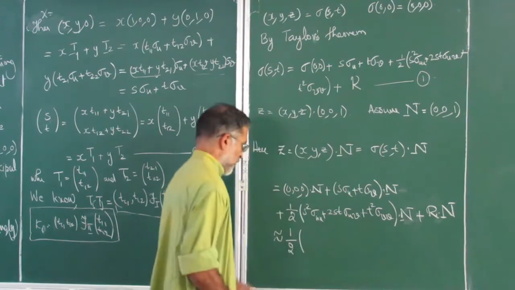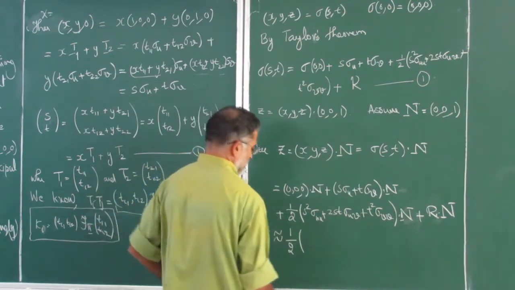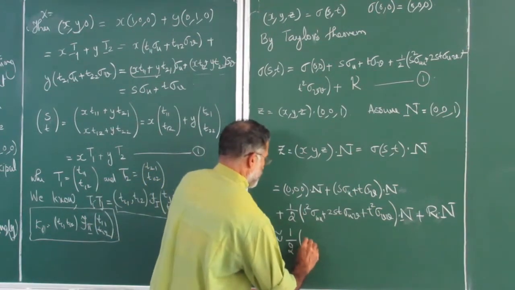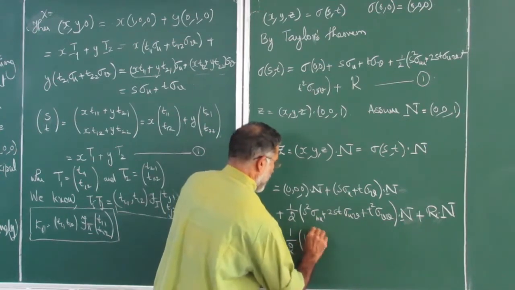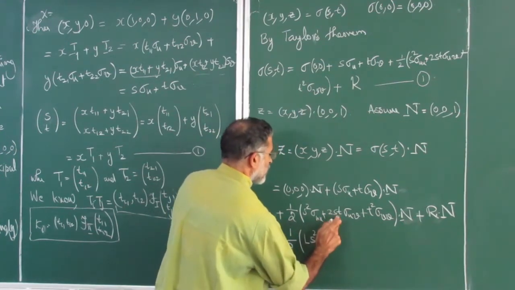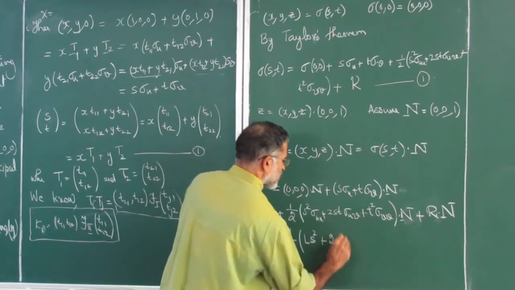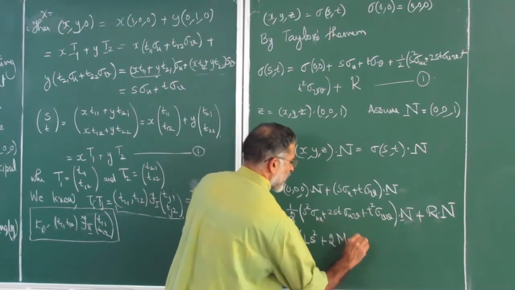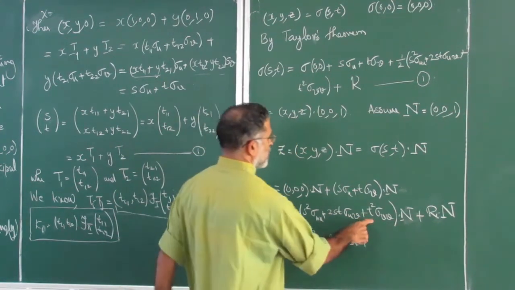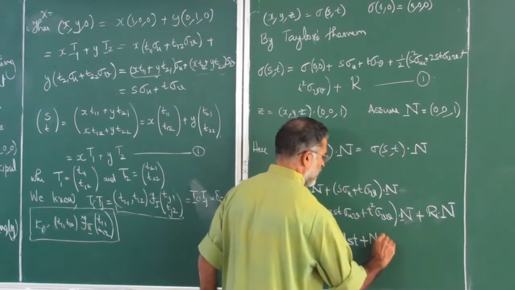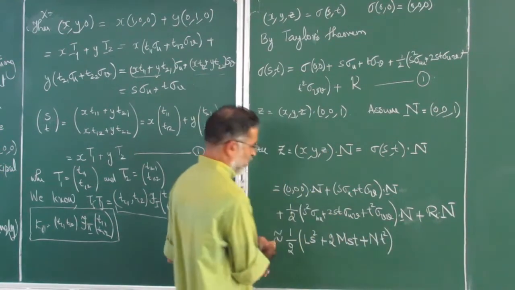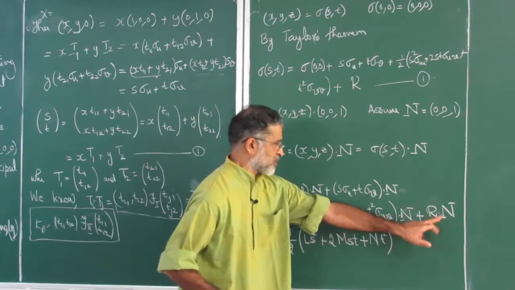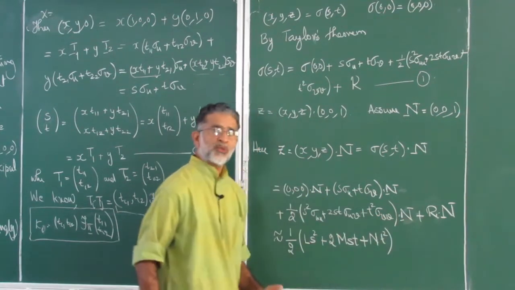Okay, sigma uu dot n, that is equal to L. So L S square plus, this is twice, this is M ST plus, this is N T square. I wrote approximately by ignoring this. This higher degree terms we ignore.